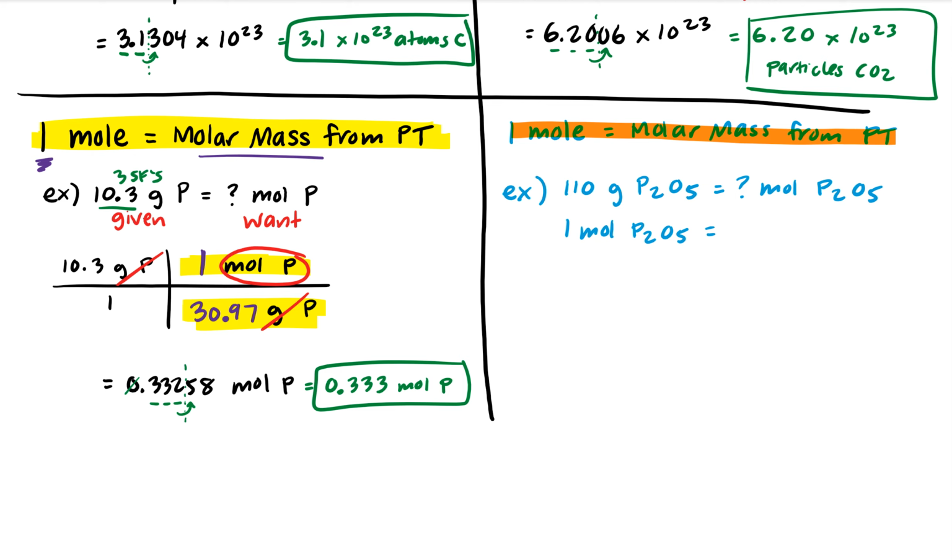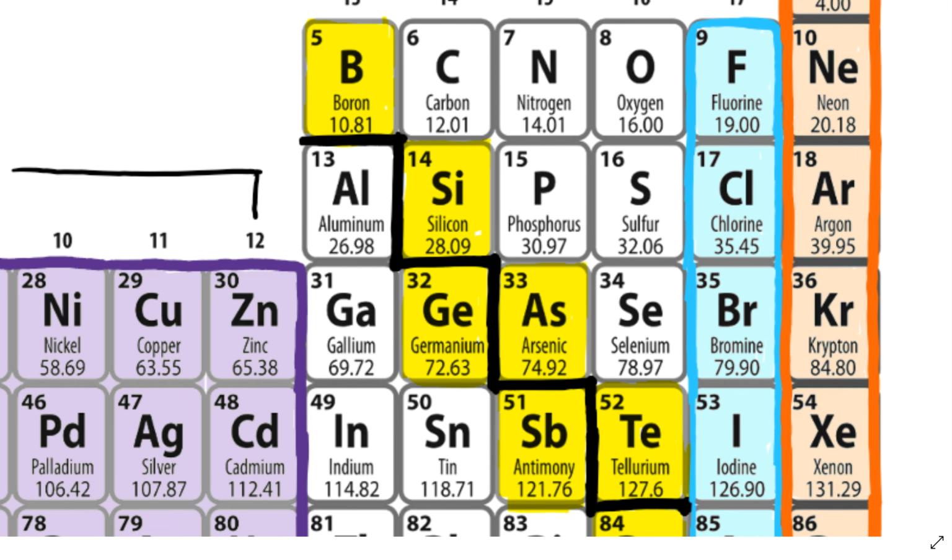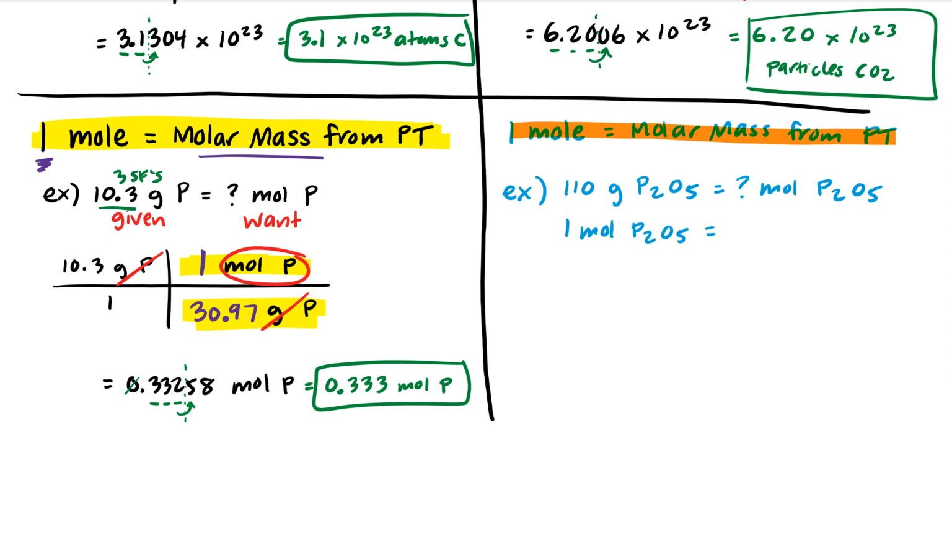So I look at our periodic table. Phosphorus has a mass of 30.97. Oxygen has a mass of 16. Now I look at our chemical formula. There are 2 atoms of phosphorus, and there are 5 atoms of oxygen.